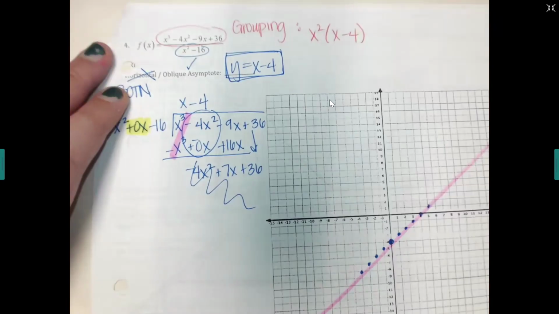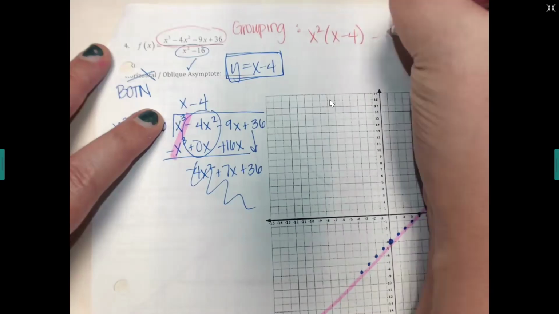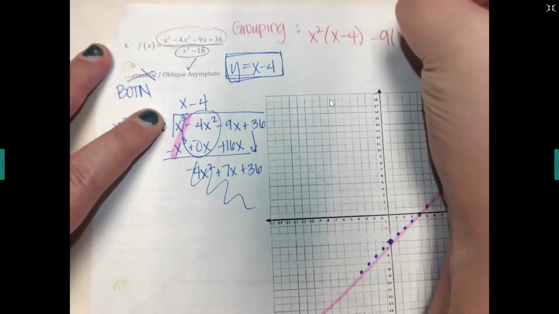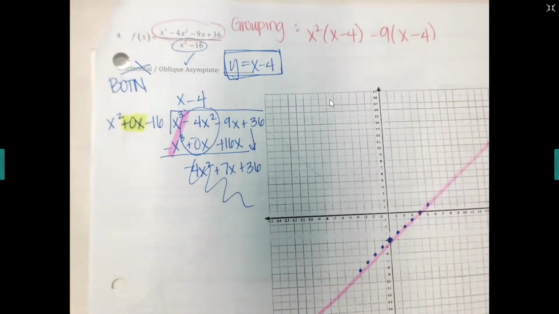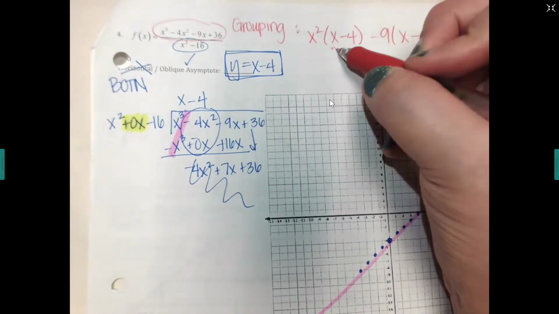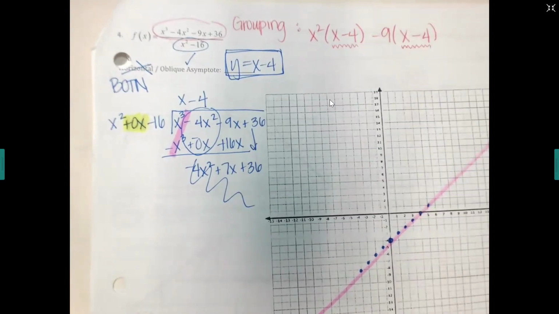Out of your second group, what can negative 9x and 36 both divide by? Negative 9. That gives me an x minus 4. Because remember, if the first in the group is negative, you have to pull the negative. Even if the second one's positive? Correct, because remember, you need these to match. So if you don't take out the negative from the front one, then the first won't match. Yes.